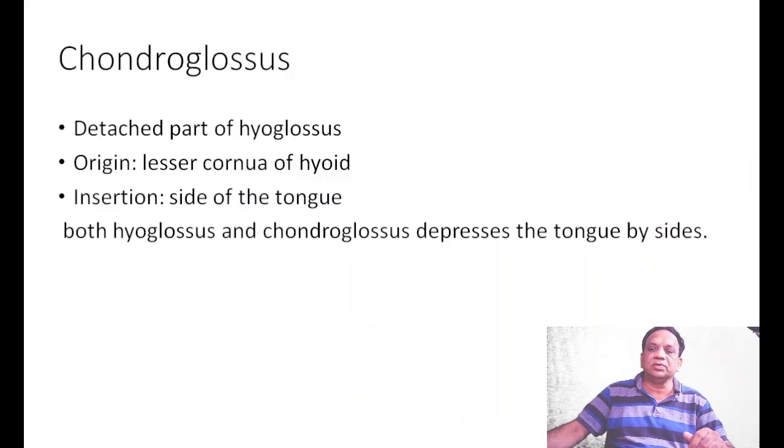For these two muscles, the origin is the lesser cornu of the hyoid and the insertion is the side of the tongue. Both hyoglossus and chondroglossus depress the tongue by the sides. So you can make the tongue surface concave side to side. That is the action of the hyoglossus and the chondroglossus.